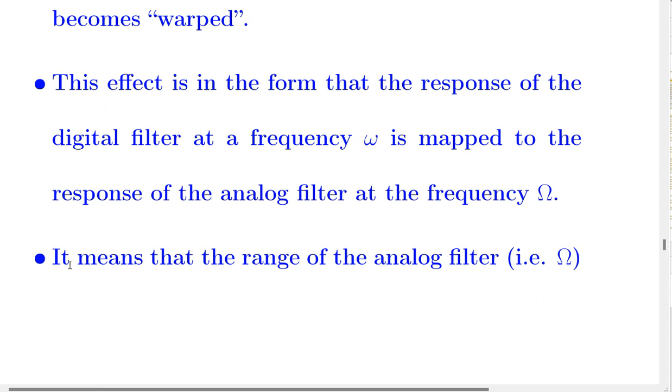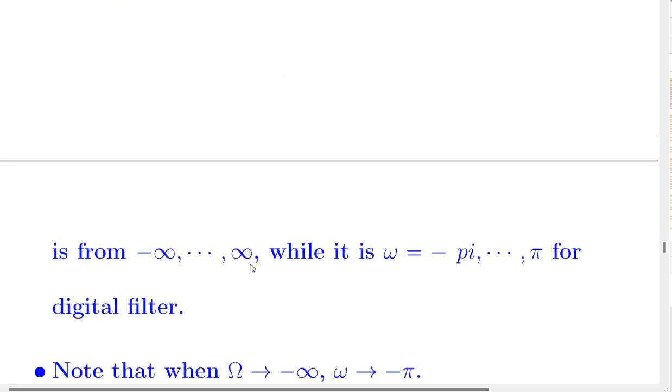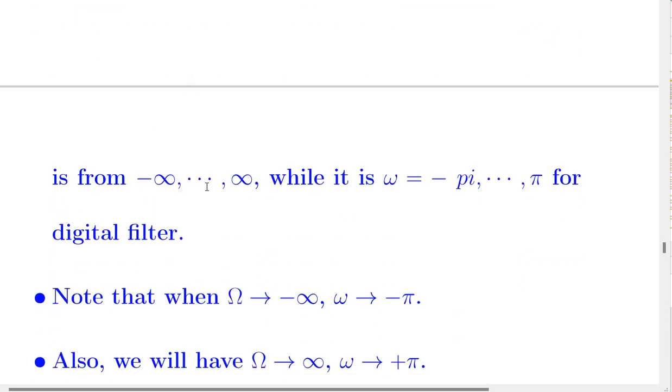Okay? It means a little bit of a problem, but we are going to sort it out very easily. Don't worry. The range of the analog frequency, capital Omega, is from minus infinity up to plus infinity, while it's from minus pi up to pi for the digital filter.